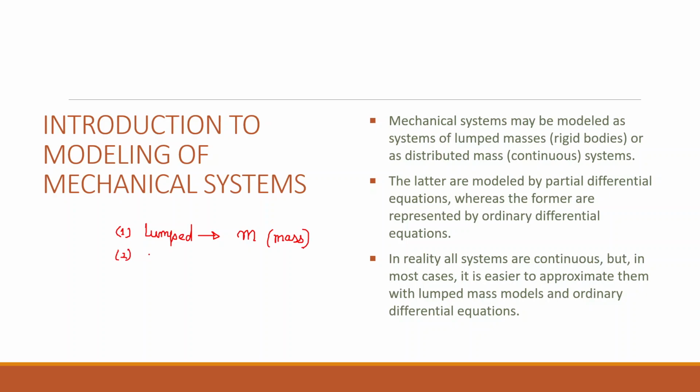But in a distributed model, we have mass per unit length, m by x, distributed over the length. Whenever we need to find the entire mass, we need to integrate m by x into dx, and then we will get the mass. This is the difference between the lumped model and a distributed model.